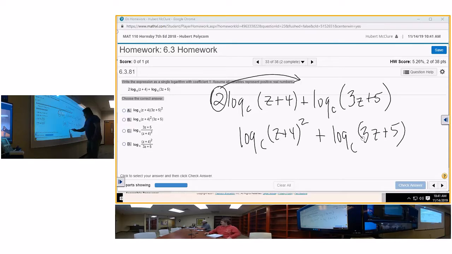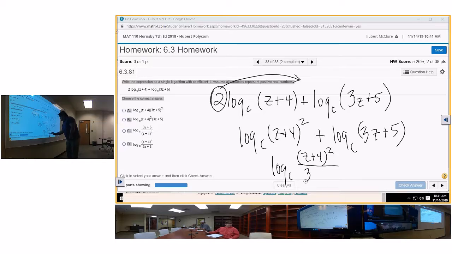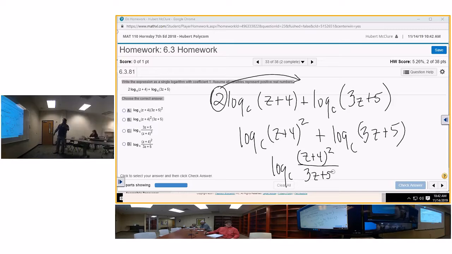And then that's going to be log base C of z plus 4 to the second power over 3z plus 5. Could you go one more step? Yes. You could do shortcut number 1 on top, but there's no use in it because you're going to get a trinomial on top and a binomial on the bottom, and nothing's going to cancel. So I would just leave it like this.